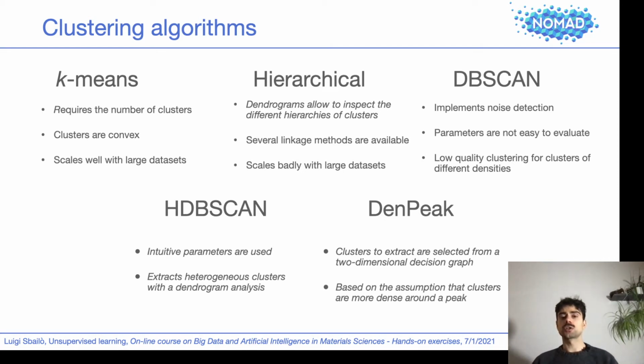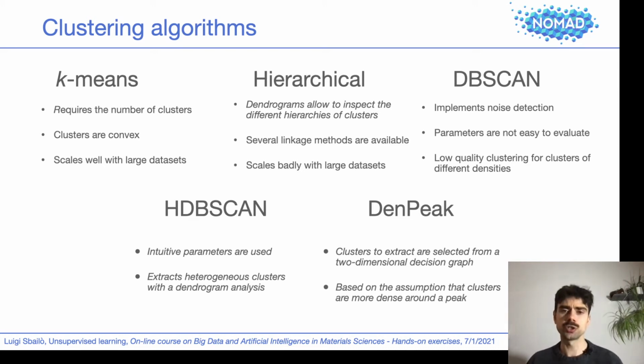Lastly, we are also going to deploy in this hands-on session a new algorithm that was not covered during the lecture, that is density peak, DenPeak, which is also a density-based algorithm that has quite simple behavior. It identifies the peaks of high density, and then based on a two-dimensional decision graph, you can manually select the peaks that you would like to use for clustering.